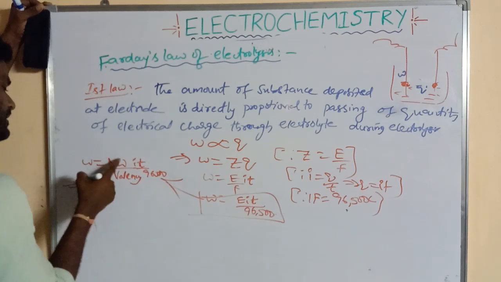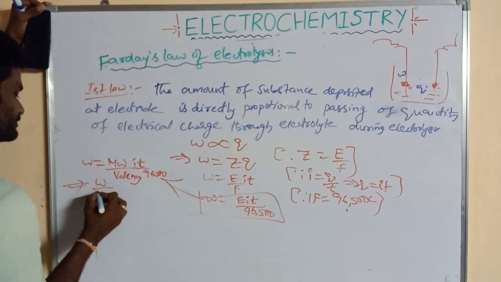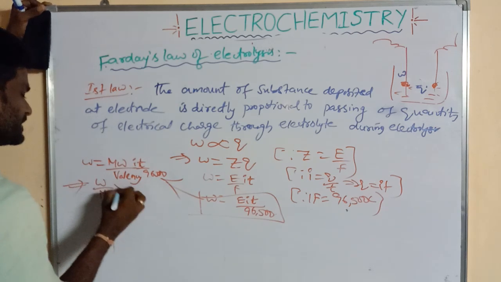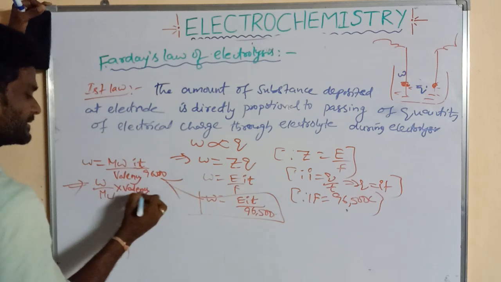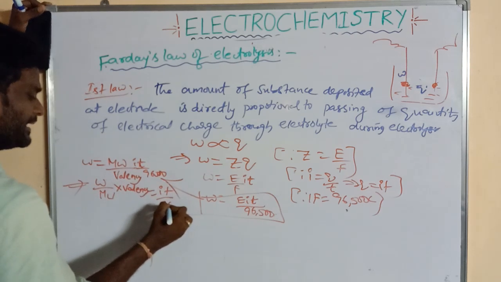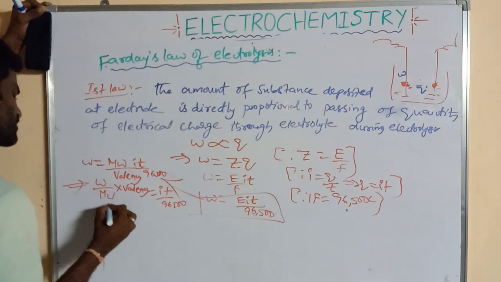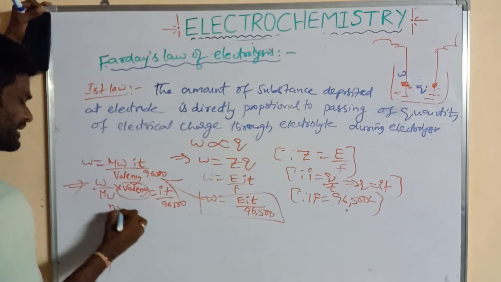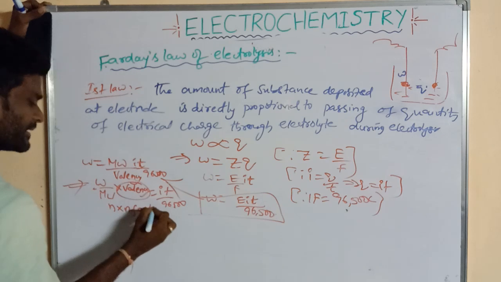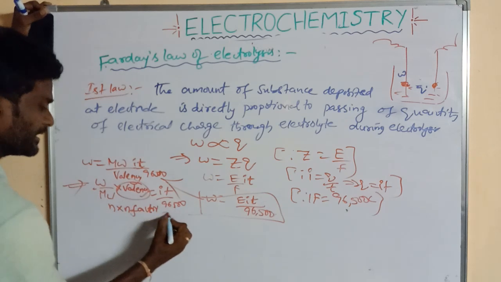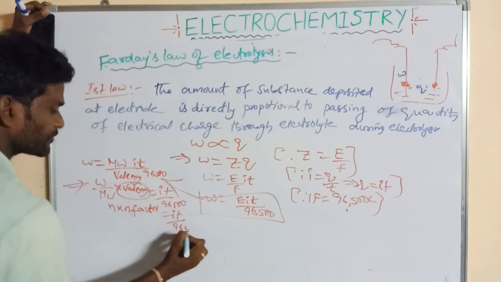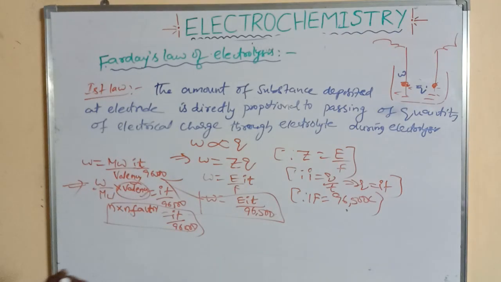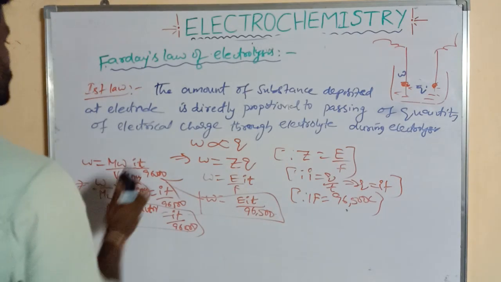So this can be written as W by MW into valency into IT by 96,500. So this is weight by molecular weight, this is the number of moles. This valency can be taken as n factor. So n factor, that we will discuss in problems, n factor into IT by 96,500 coulombs. So this formula can also be used in some problems. So this is the Faraday first law.